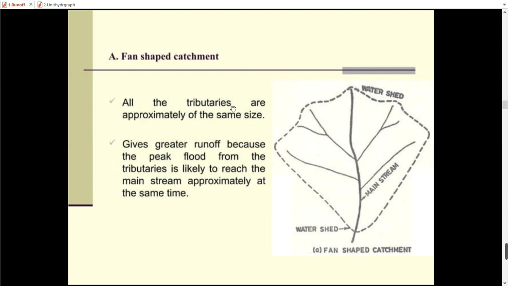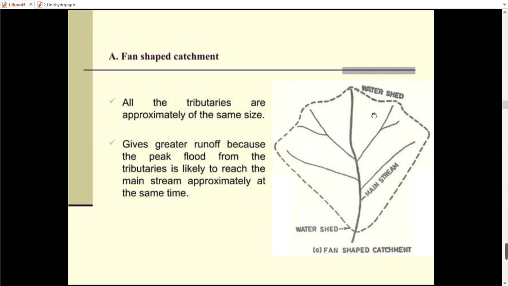Fan-shaped catchment: all the tributaries are approximately of the same size and give greater runoff because the peak flood from the tributaries is likely to reach the main stream approximately at the same time. This is the fan-shaped catchment.